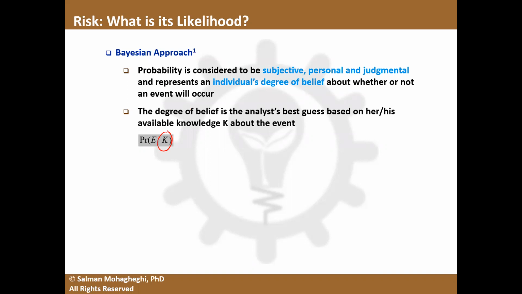You look at historical data, you look at the skies, see if it's cloudy, if it's not, you look at the weather forecast, you use your personal intuition. Based on all this information, which is your personal knowledge, you say, probability that it rains tomorrow is 50%, so I'm going to take my umbrella with me. That's your subjective way of assigning a degree of belief to that event that it may or may not rain.